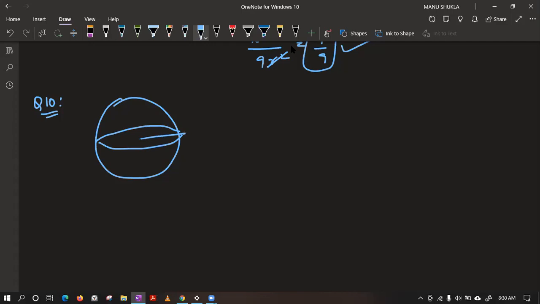The radius is given to us as, sorry, diameter is given, so you can see the radius is 35 upon 20 mm. How much medicine is needed to fill the capsule?